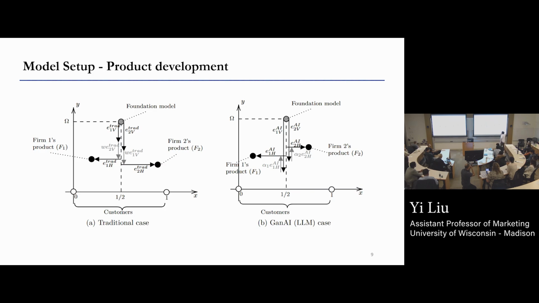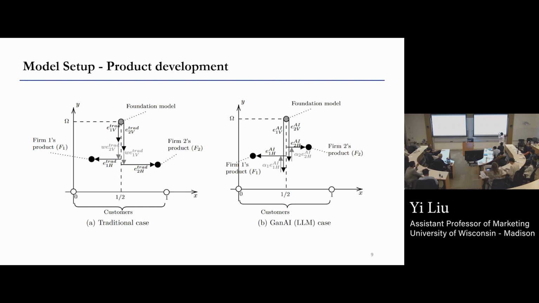Another thing that's more interesting is that there's some model drift, or some uncertainty in fine-tuning. When you try to fine-tune your large language model to make it more differentiated from the others, that means you spend some horizontal effort here, and it will affect the performance in the vertical dimension, which means there can be some alpha 1 times this E1 HAI.